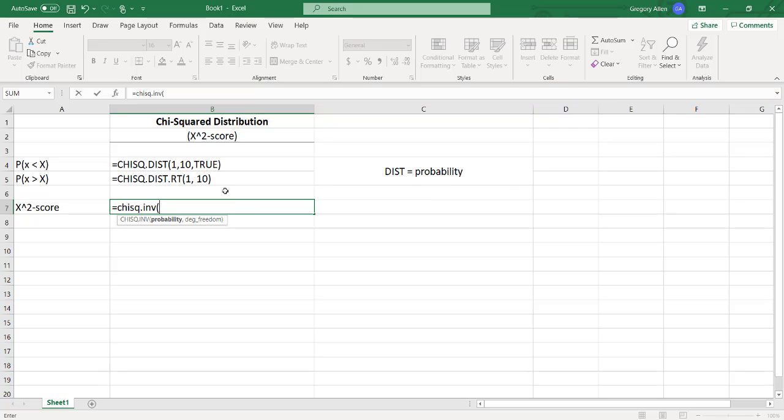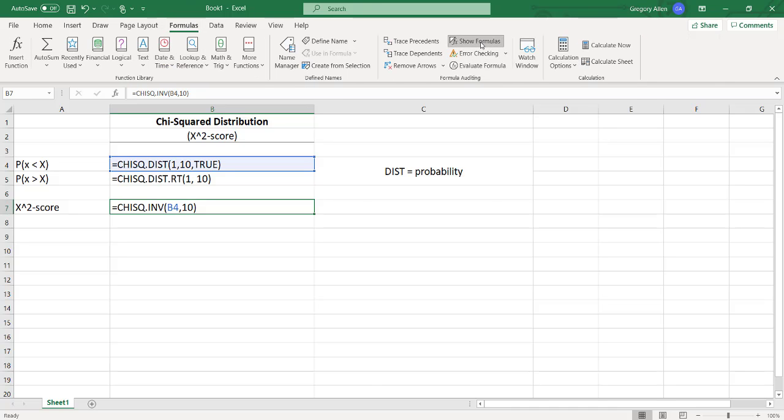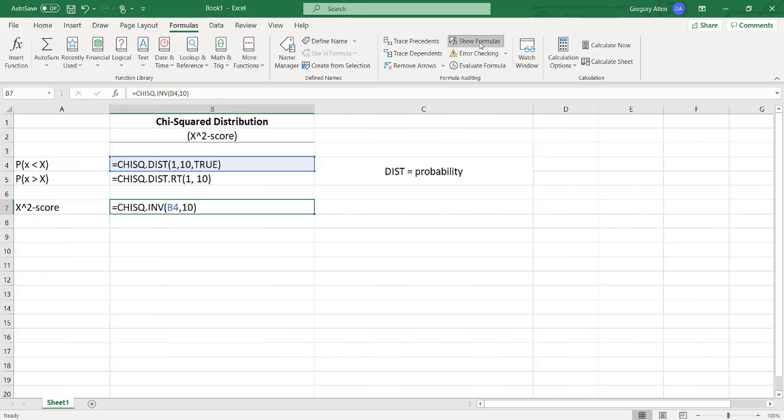So what I'm going to do, just again testing things out, I'm going to give it this probability that we calculated up here. And I'm going to give it the same degrees of freedom. So this should give me 1, right? It should give me the chi-square value that I used up here, and we can turn this off real quick, go and look at the values. Yes, it does give me that value back.